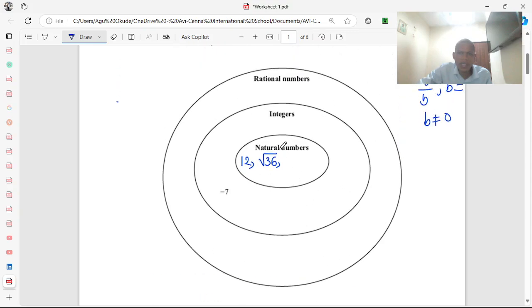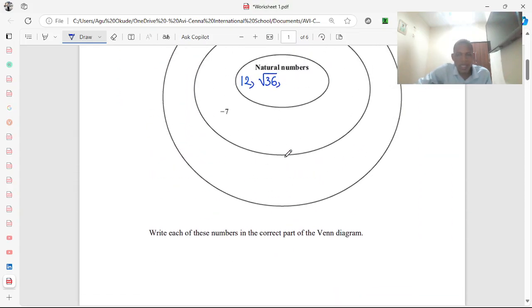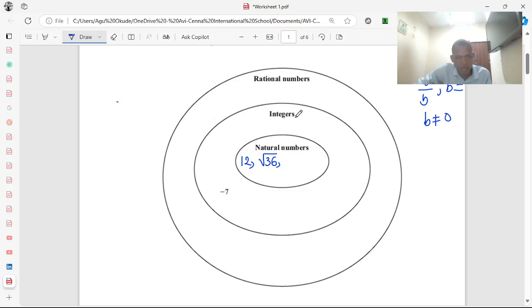Now 4.7 is not natural, because natural numbers are whole numbers from 1, 2, 3, 4, 5 and above. 4.7 is not an integer either, because it's not a whole number. So 4.7 is rational, and it comes here.